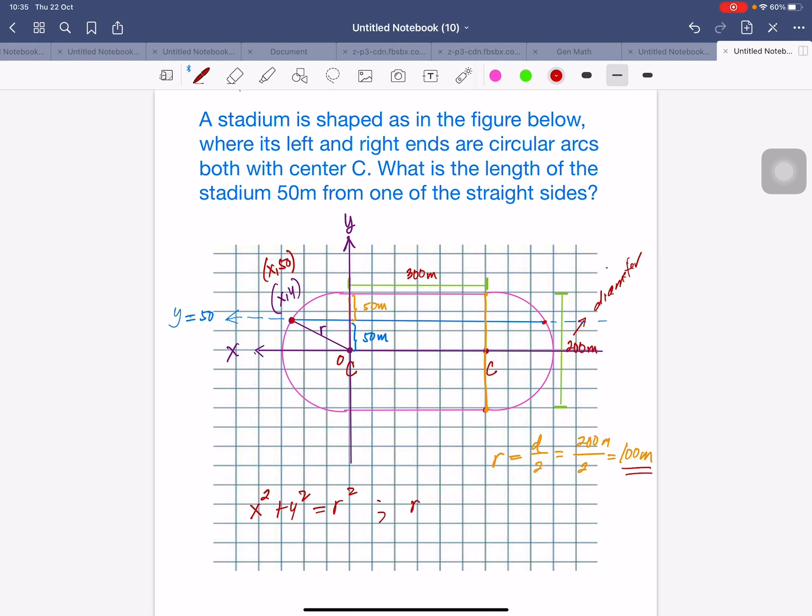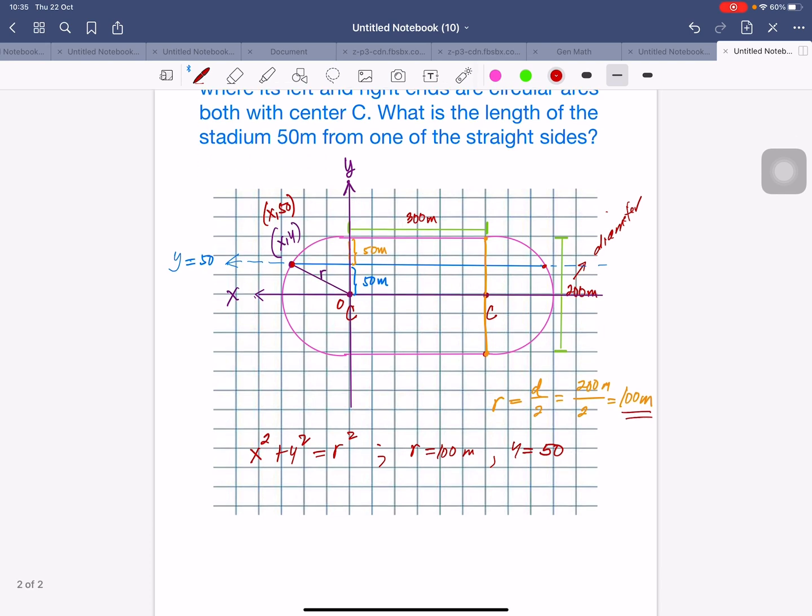Given that r is equal to 100 meters and y is equal to 50, let's substitute that.